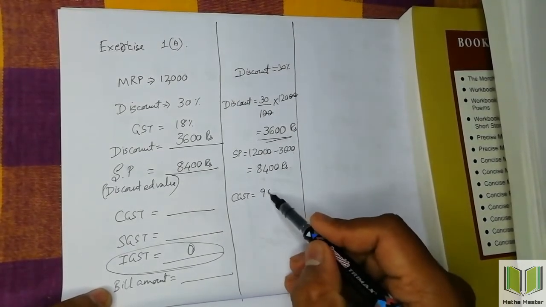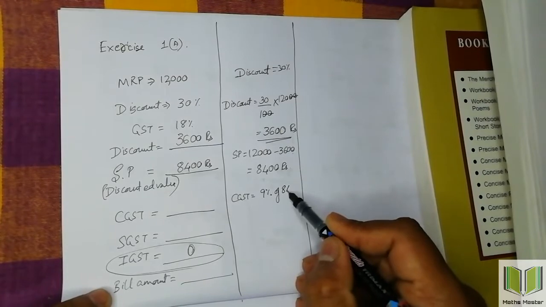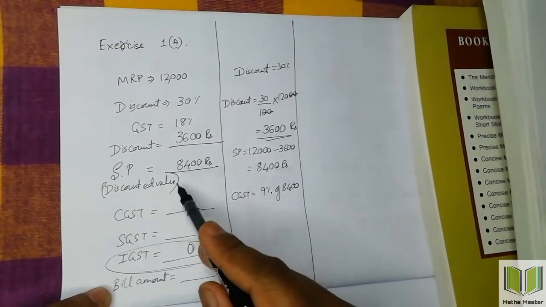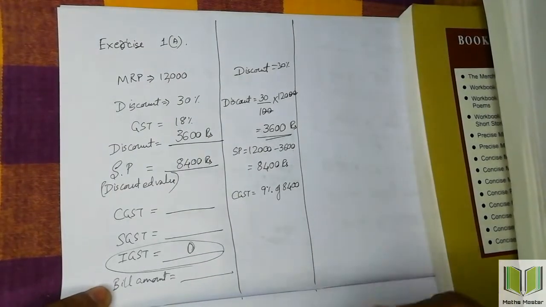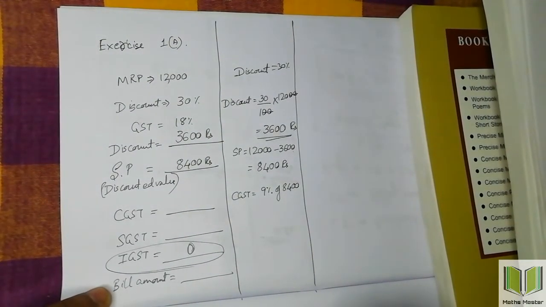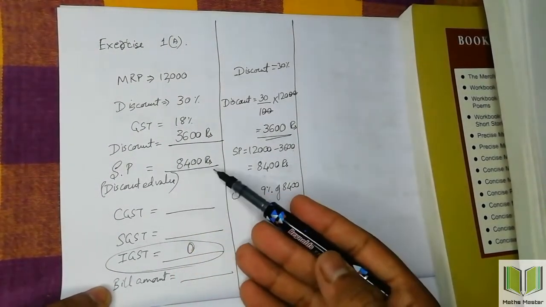So 9% of 8,400. 8,400 is the new selling price. We are not worried about the market retail price because there is a discount offered on it.